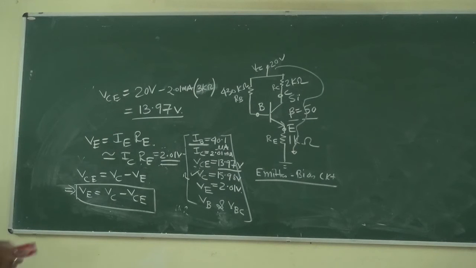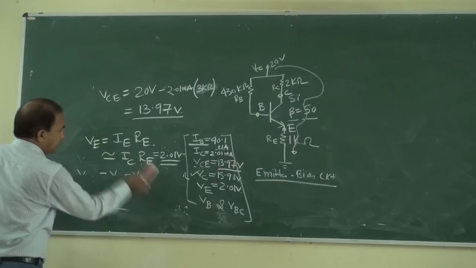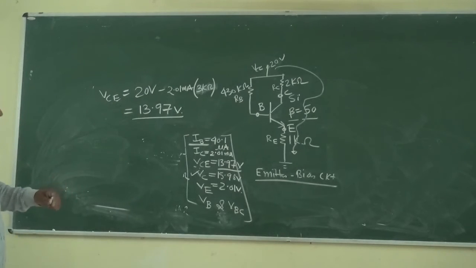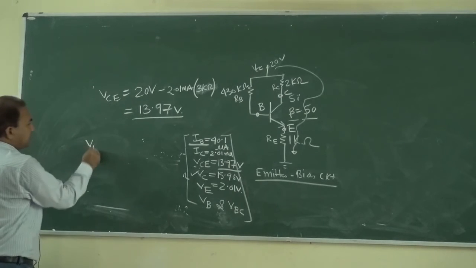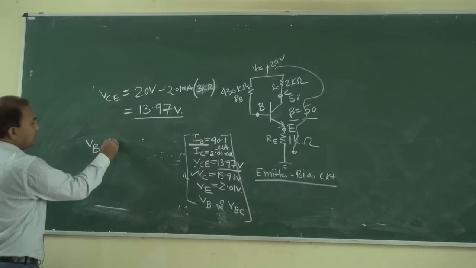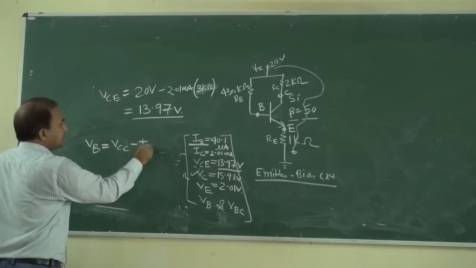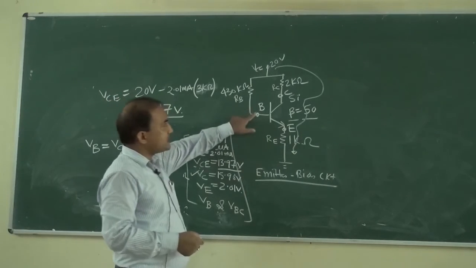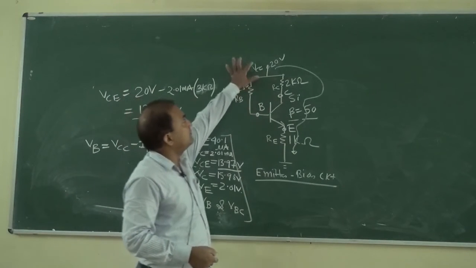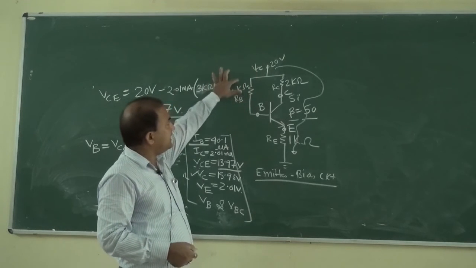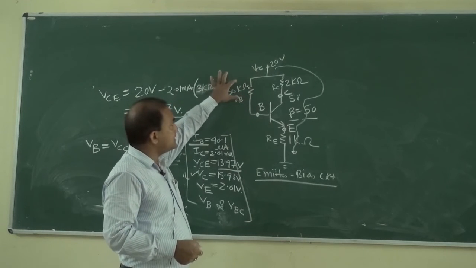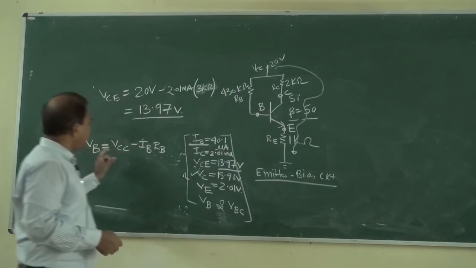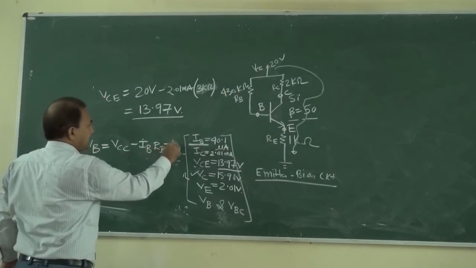Then how can we determine VB, the voltage at point B? We can determine it again by two methods. VB is equal to VCC minus IB into RB, the voltage at this point being VCC minus the current flowing across this resistor multiplied with RB. This is the first method.